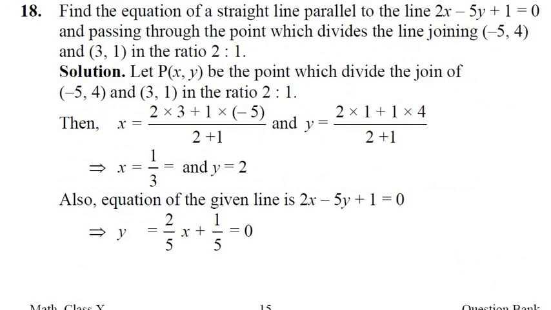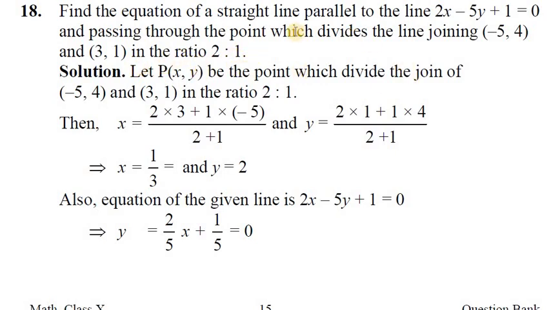Next, look at another example. Find the equation of the straight line parallel to the line 2x minus 5y plus 1 equal to 0, and which passes through the point which divides the line joining the points (-4, -5) and (3, 1) in the ratio 2:1.